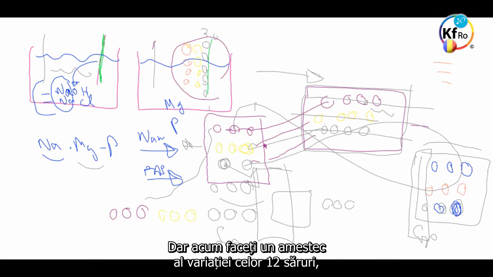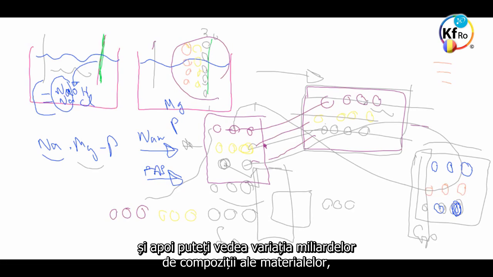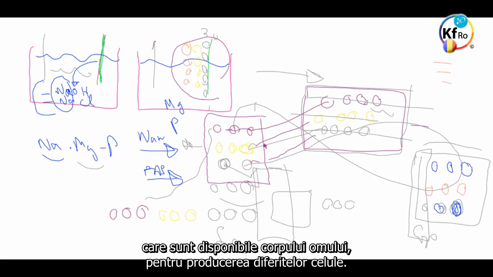But now make a composition of the variation of the 12 salts plus every element which man knows, and then you can see the variation of the billions of the composition of the materials which is available to the body of the man for production of different cells.